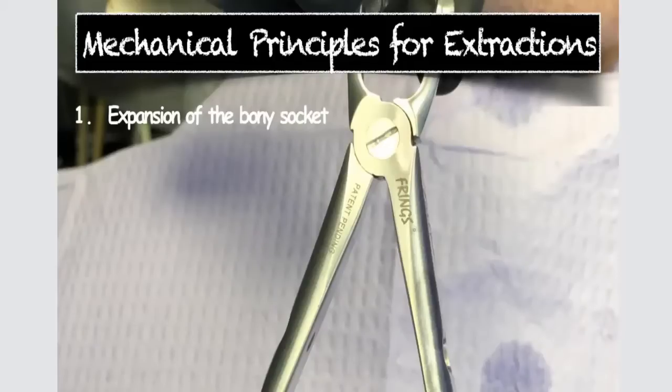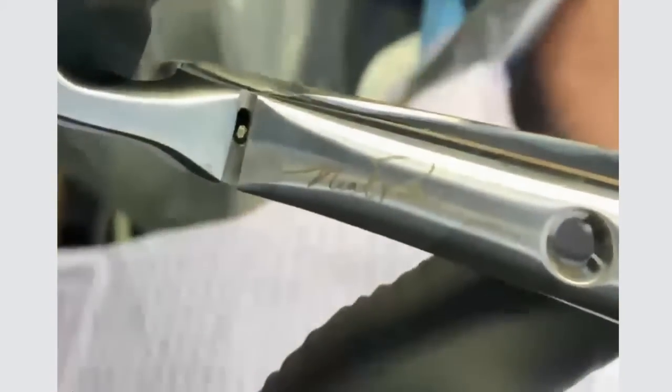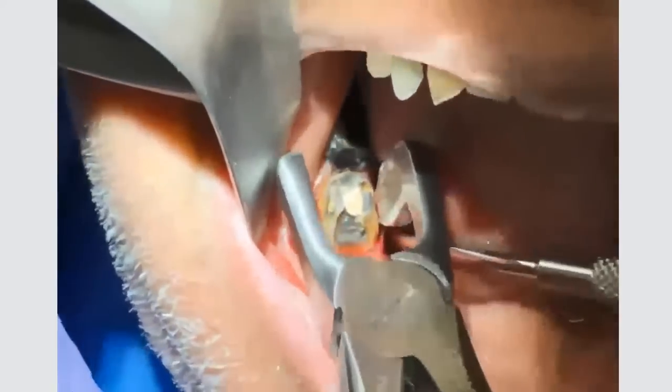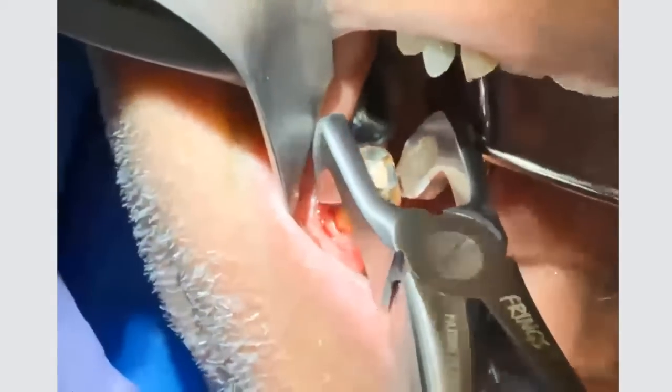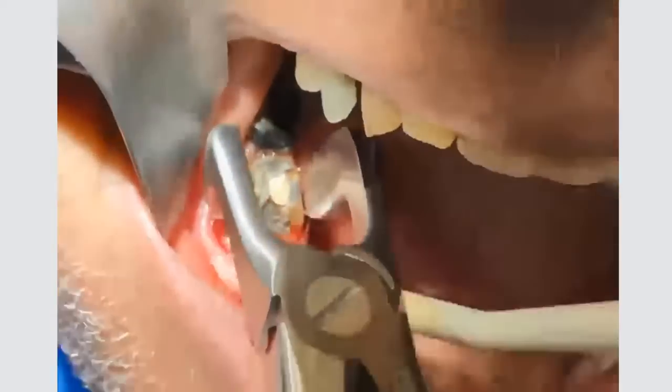So here's another example of the expansion of the socket. Here are the Patel forceps, which you can see in just a moment. And you can see, again, these are spring-loaded. There's Neil's signature. He has a very nice signature, much nicer than my signature. I had to write my signature about 30 times, but you can see this tooth has already been slightly elevated with an elevator, and then some slight rotational movement.